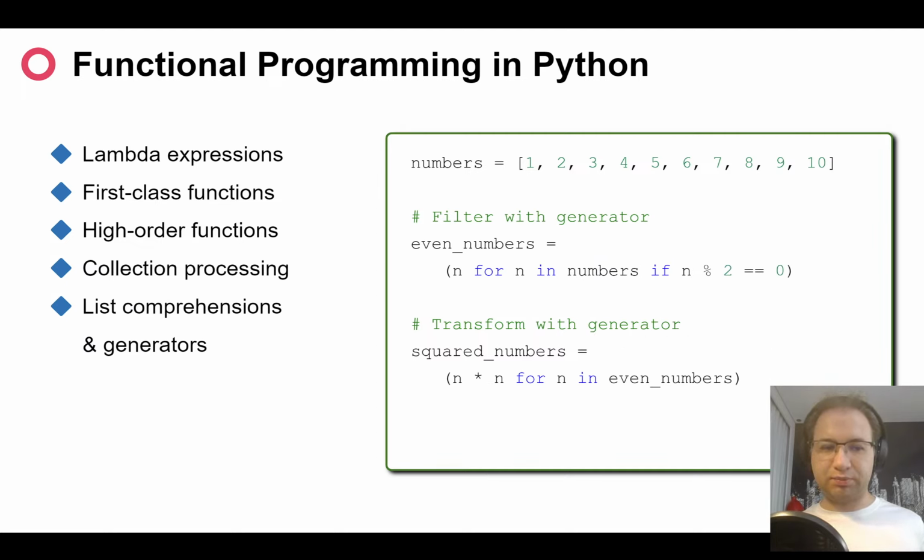What else is interesting? There are list comprehensions and generators. You can define a way to generate a collection instead of defining the collection itself. Many ways to define that. And if we take a look at the syntax, it looks very similar to what Haskell has.